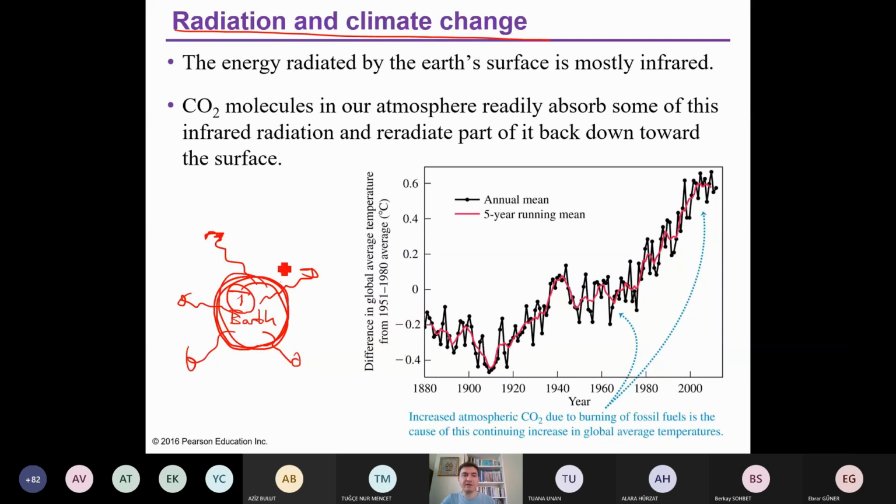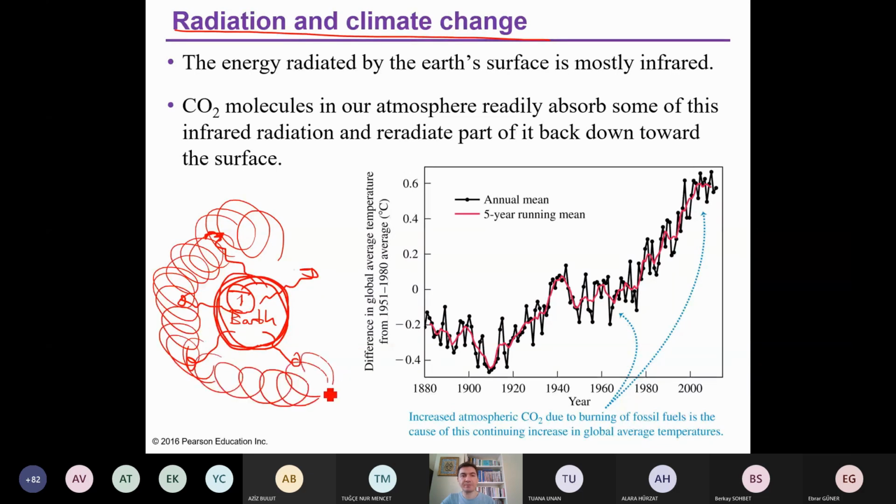But there is an atmosphere around the Earth, and in the atmosphere there are many particles. This radiation will be reflected back. The radiation comes from the Earth, but it will be reflected by the particles here.